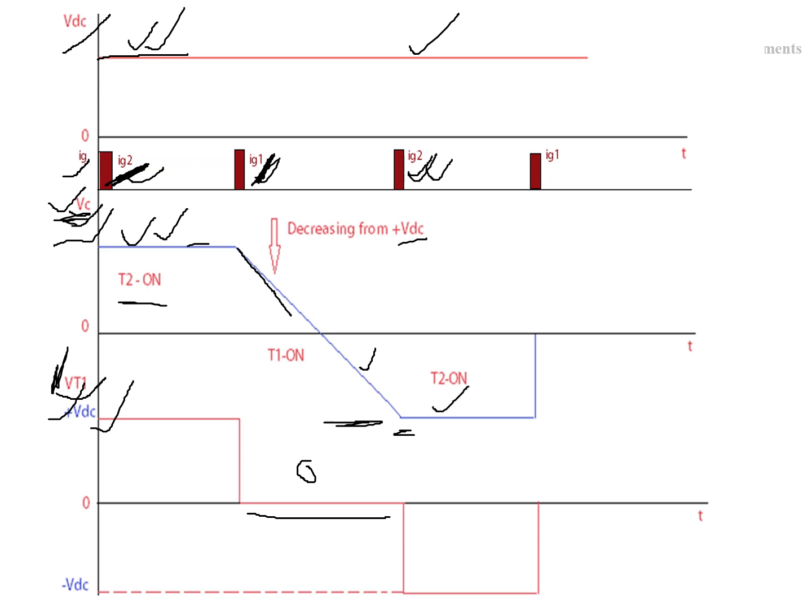Here thyristor T1 is connected across the capacitor, so the same amount of voltage appears across thyristor T1, that is the voltage across thyristor T1 is minus VDC. Again after complete charging of the capacitor, we are going to apply the gating pulse to thyristor T1, and the same process repeats for the remaining cycles.